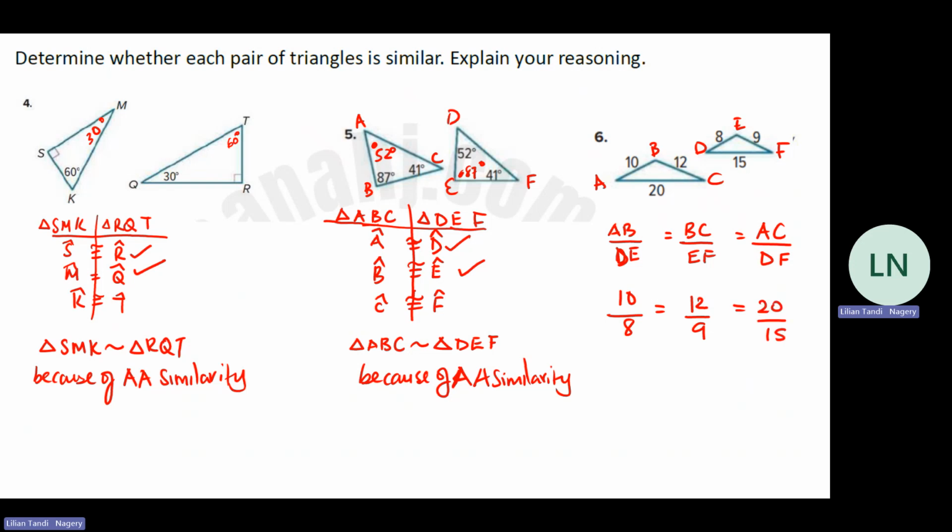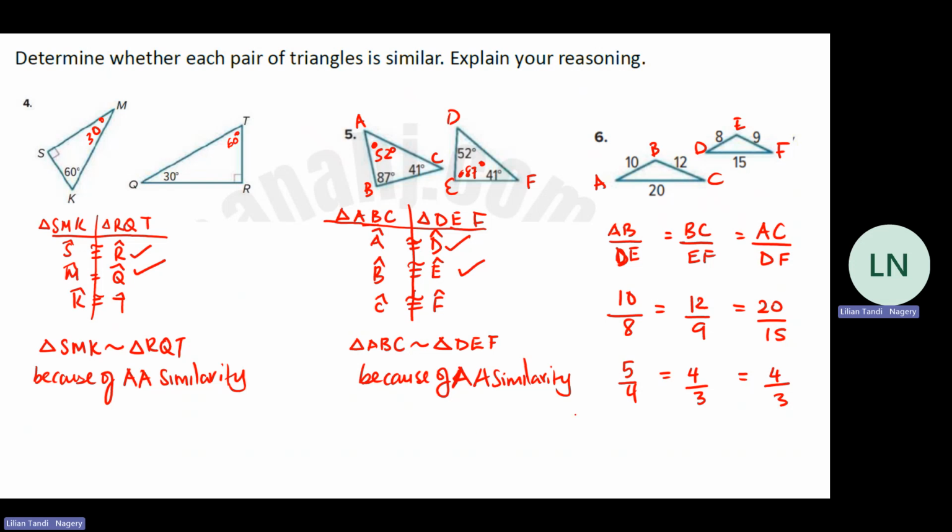So then simplify. 10 out of 8 should give you 5 out of 4. 12 out of 9 should give you 4 out of 3. And this should give you 4 out of 3. What do you notice? Your proportions are not the same. And if your proportions are not the same, then your triangles are not similar. Okay?